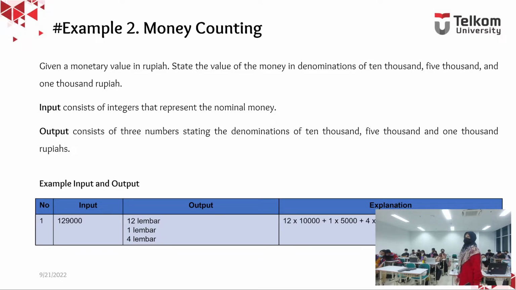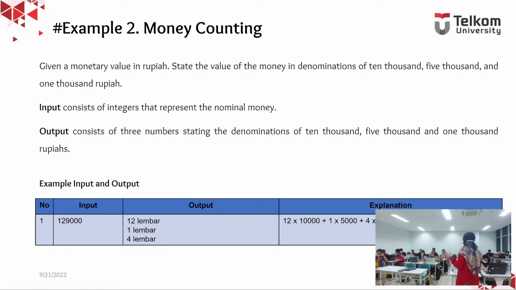Okay. After we understand how to count how many denominations we need to give to the seller, next, if we want to define an algorithm, first we need to consider what the input is.